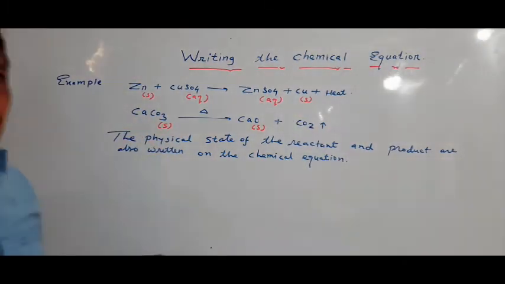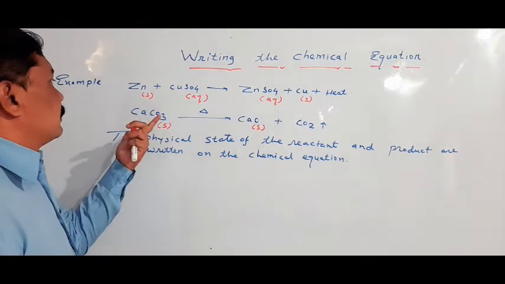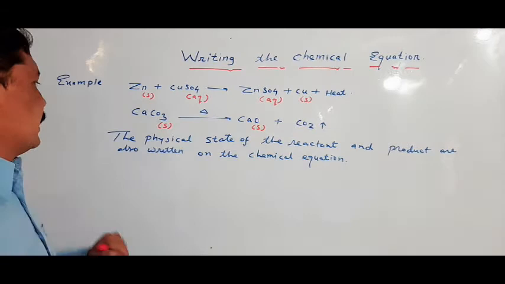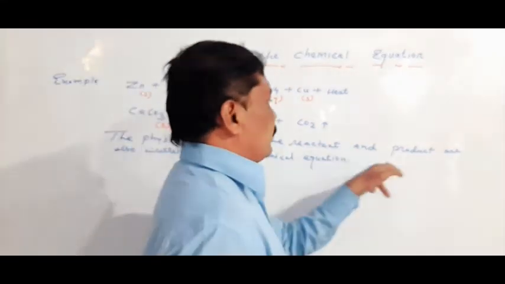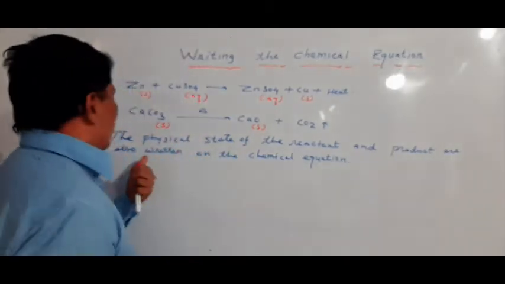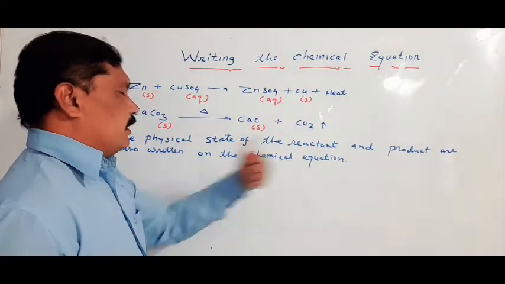The physical and chemical state can be represented. The physical state of reactant and product are also written on chemical equation.